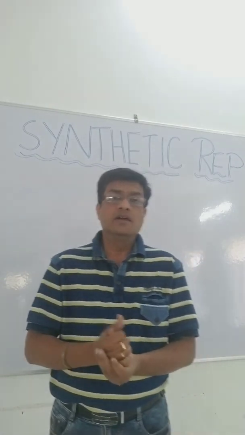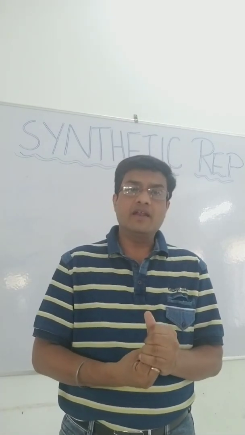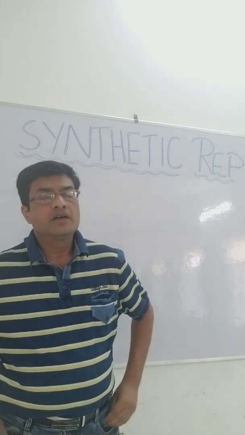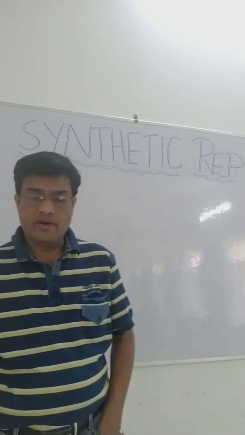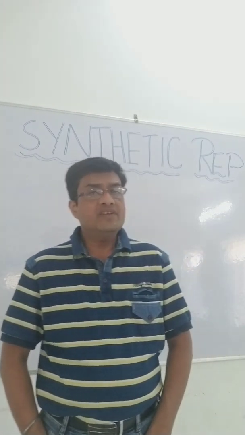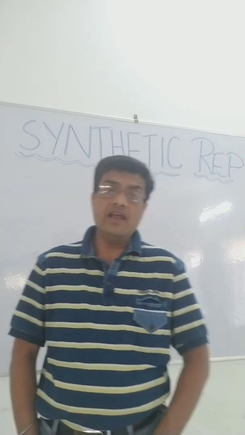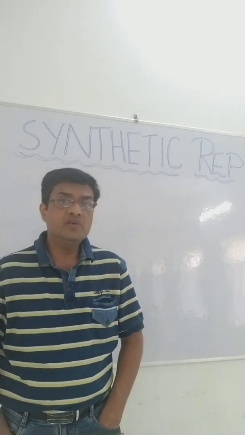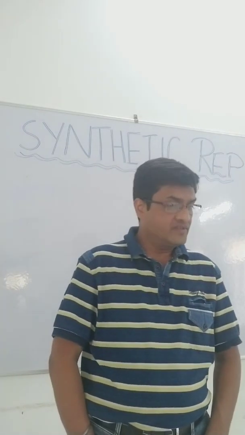Then it has 4 types of typography: capital underline, capital, bold and Roman or ordinary type. Then it was written in 3 languages. This whole repertory was written in 3 languages, and for the first time in this repertory the nomenclature of the drug was used.